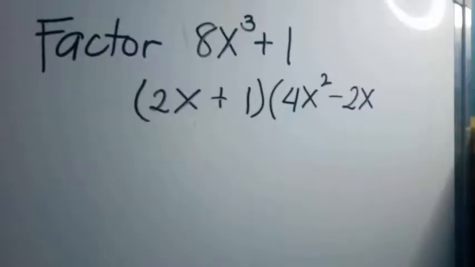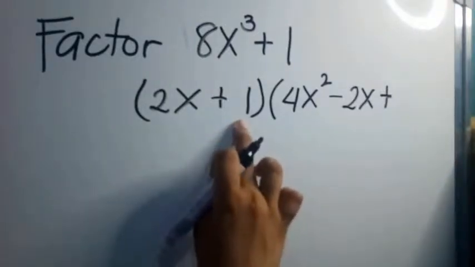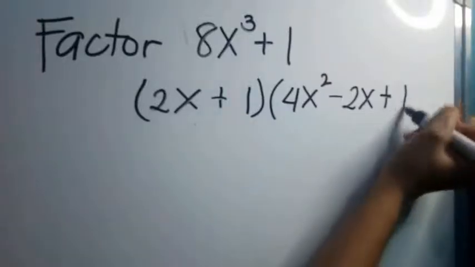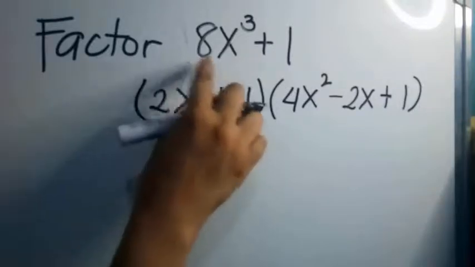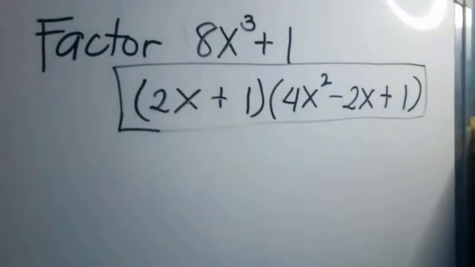To get the last term, it is always positive. So we have positive. Then square the second term of the binomial factor. So what is the square of 1? It is 1. So the factor of 8x cubed plus 1 is 2x plus 1 times the quantity 4x squared minus 2x plus 1.